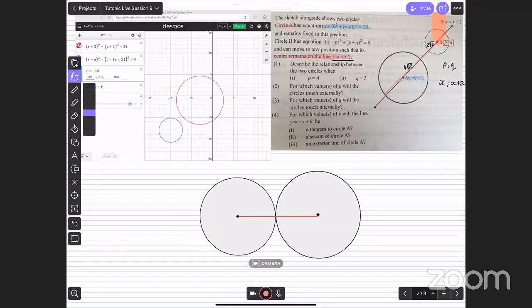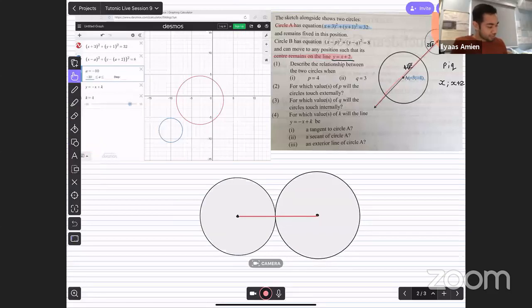If the circles touch like that, the sum of the radii and the distance between their centers is the same. Just think about it. The distance between their centers and the sum of their radii is the same.